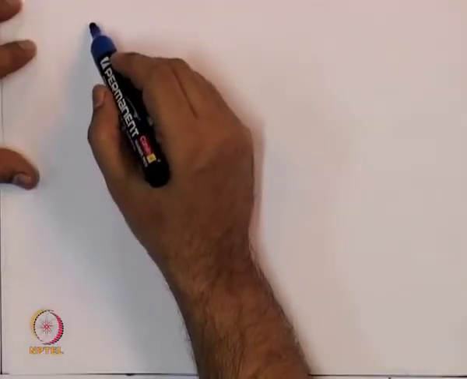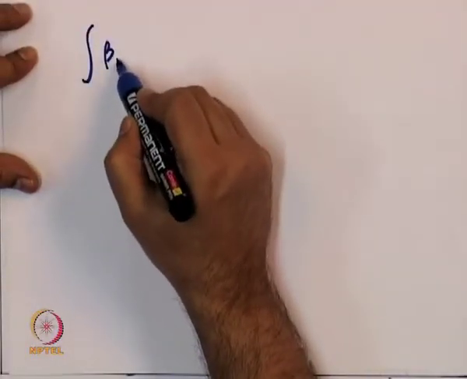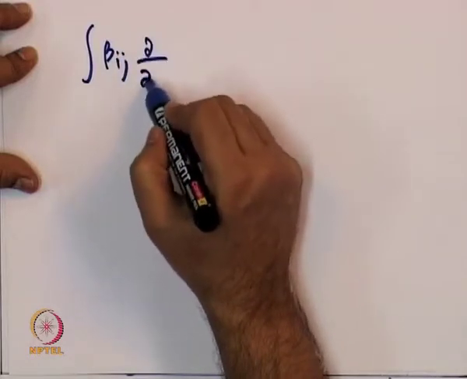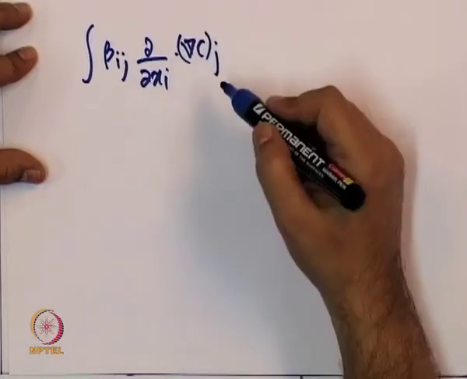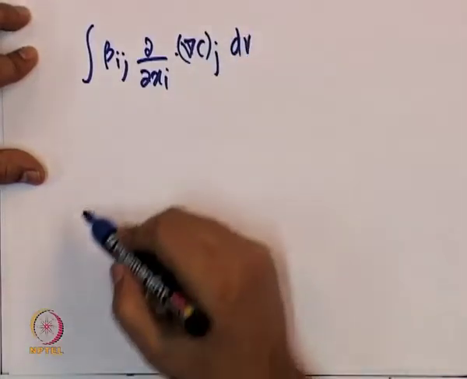So, this is the term we are looking at, beta_ij ∂/∂x_i of ∂C_j dV.